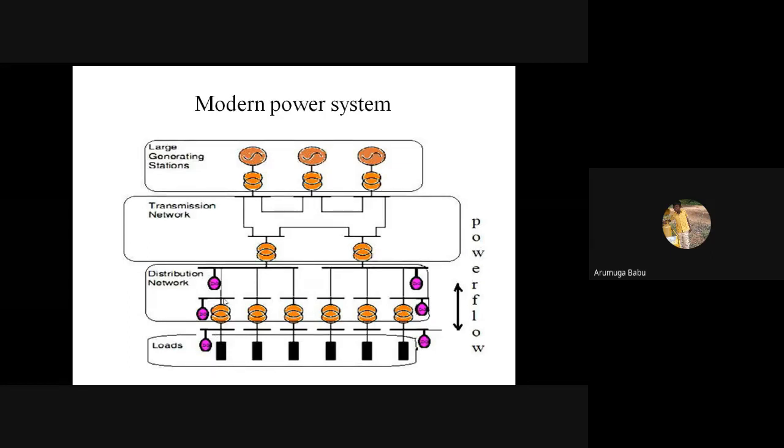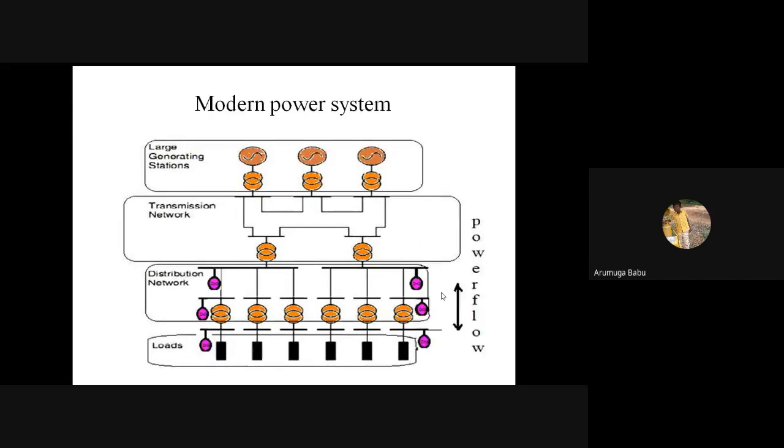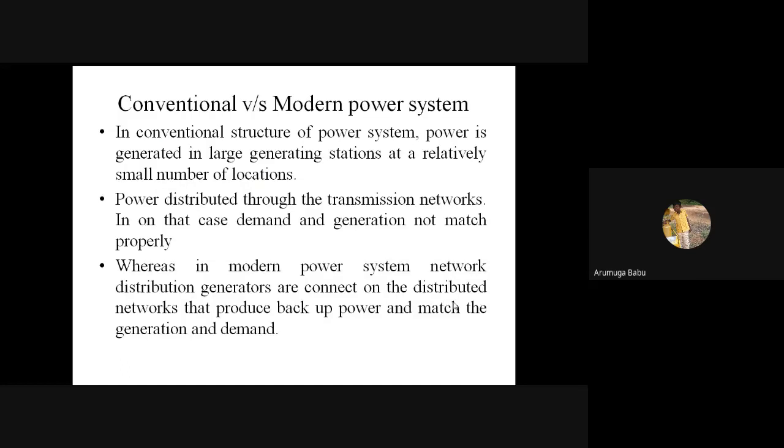In the previous diagram, one-way power flow is maintained. Power always flows from the generating station to load. So it is one way only. In the second case, there is a bidirectional power flow. So this is the main comparison between these two.